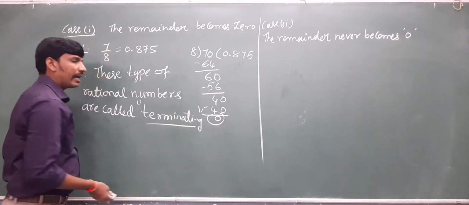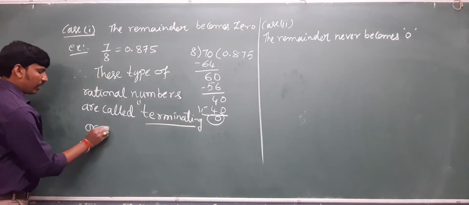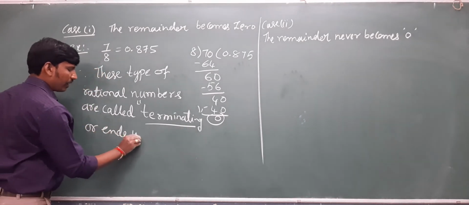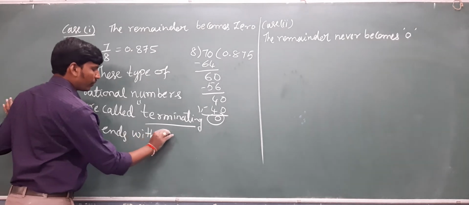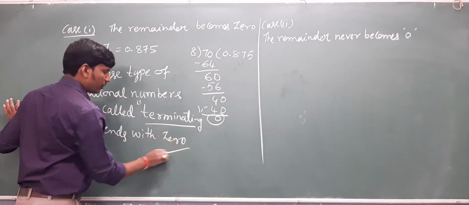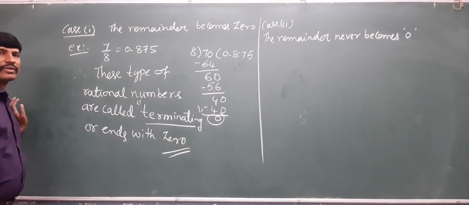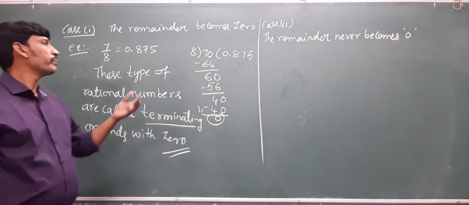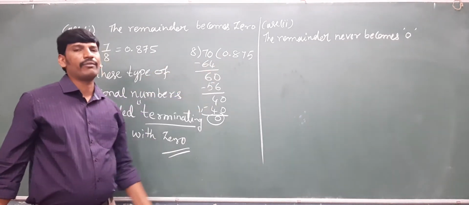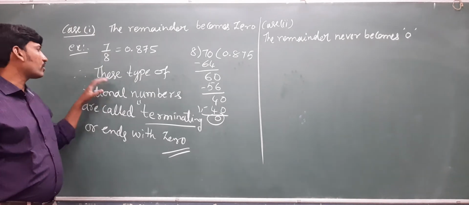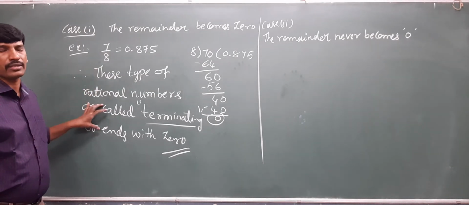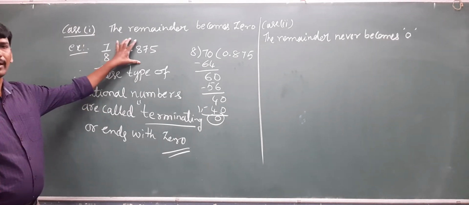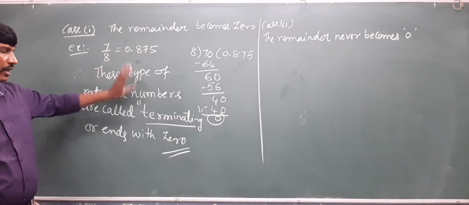Terminating means it ends with 0. Clear, my dears? So whenever you get the remainder 0 after some places, this is called terminating decimal values, or ending with 0. Clear?